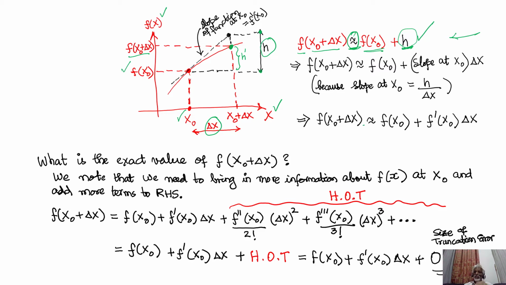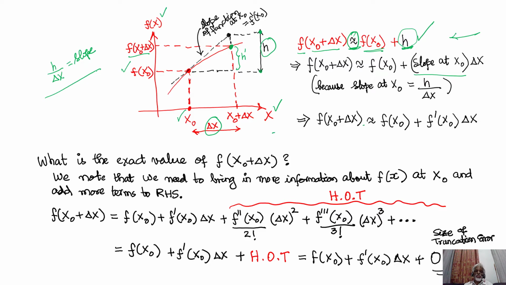So what is h now? H can be written as the slope of the function at x naught multiplied by delta x, because height by the horizontal distance is equal to slope, right? So this is the idea. The height divided by the horizontal distance is called the slope.